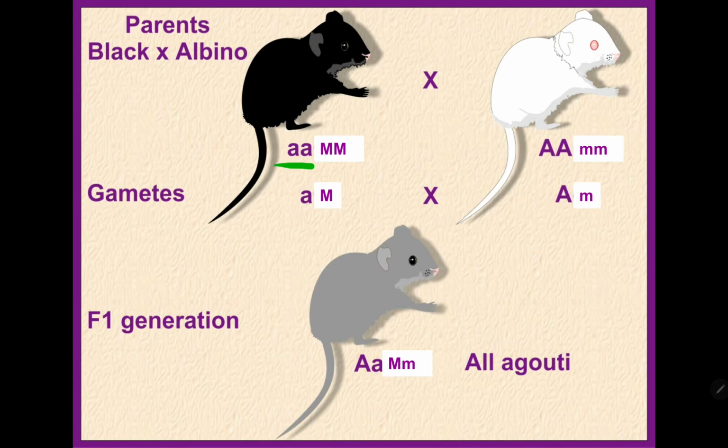So it could be capital M, like in this case we have here, or it could also have been capital M, small m, and still be black. Likewise, for this white mouse to be albino, it doesn't actually matter what this A gene is, because it is homozygous recessive in the M gene. This is what makes it albino.